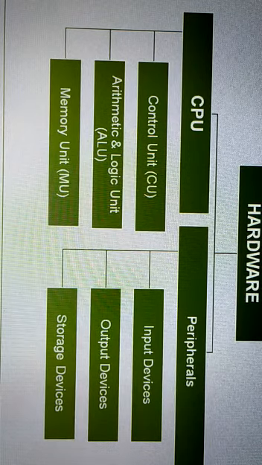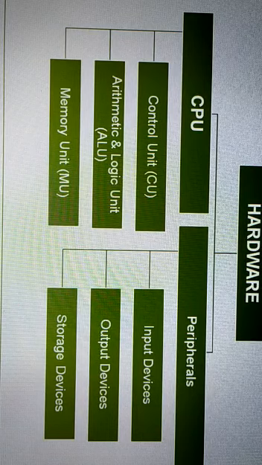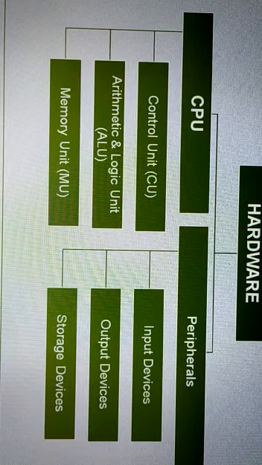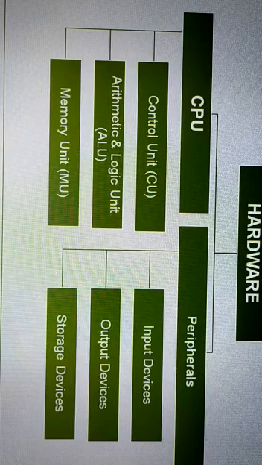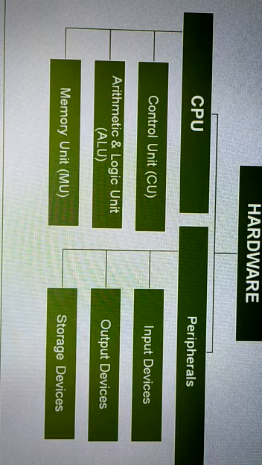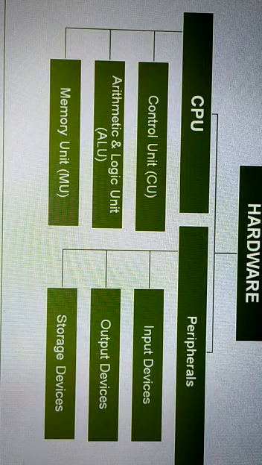That is why the Central Processing Unit is known as the heart of the computer, because this unit does the entire operations of the computer. And the CPU is fully electronic. It is made up of millions of electronic components attached onto a number of silicon chips, and that is why we say microprocessor chip.